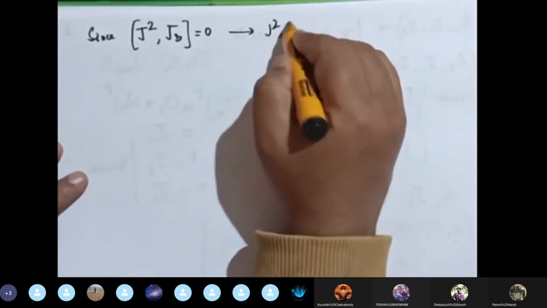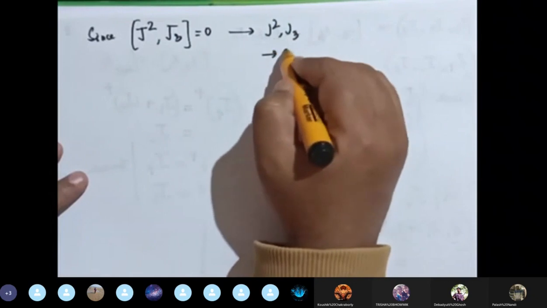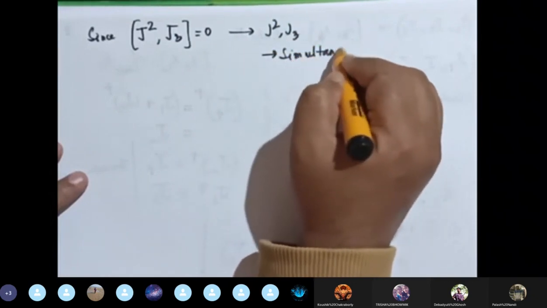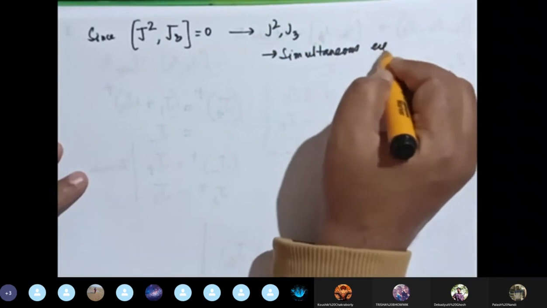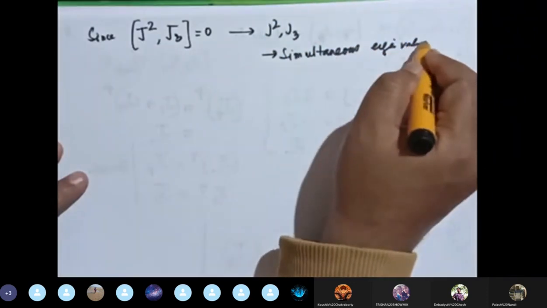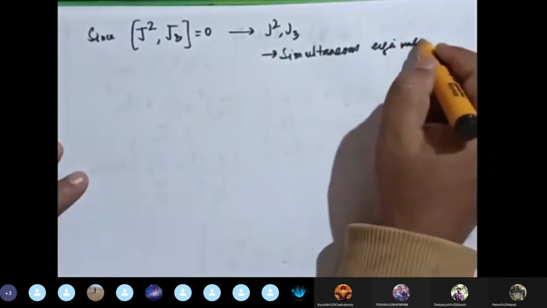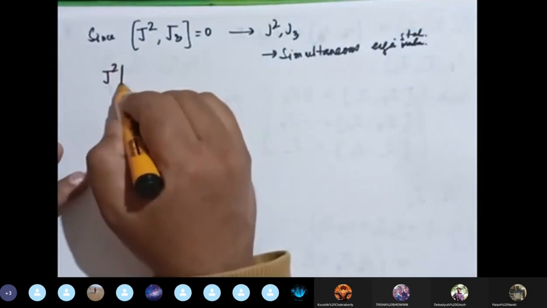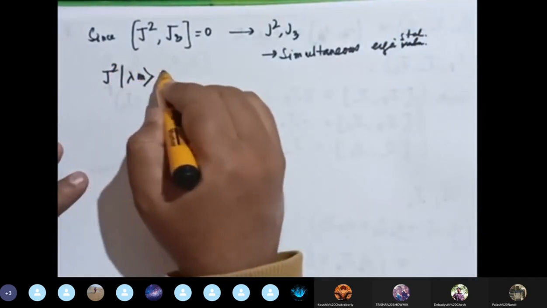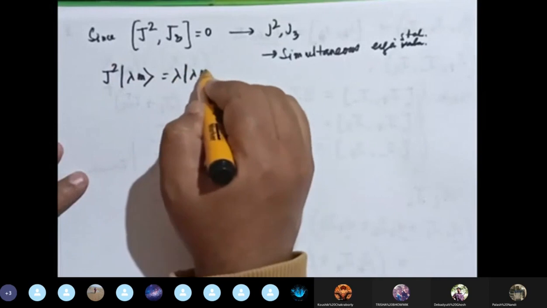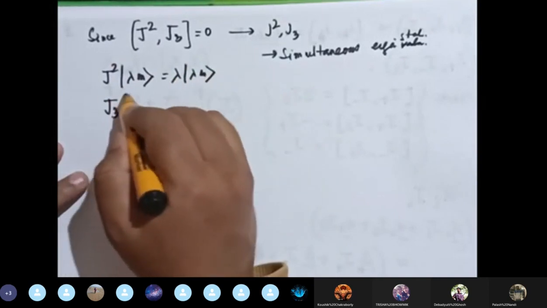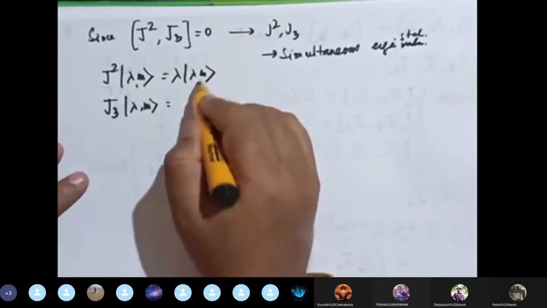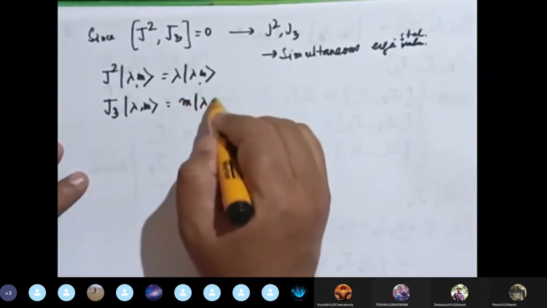J square and J3, if they exist, have simultaneous eigenstates, and we write them as J square lambda m equals lambda lambda m, J3 lambda m equals m lambda m.